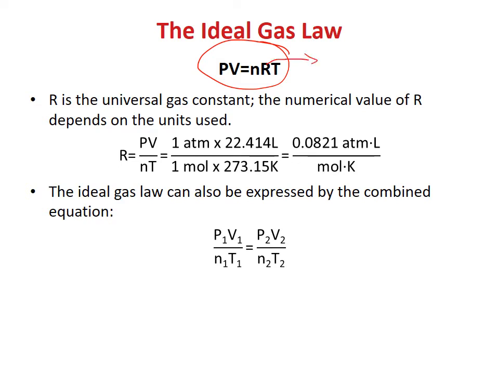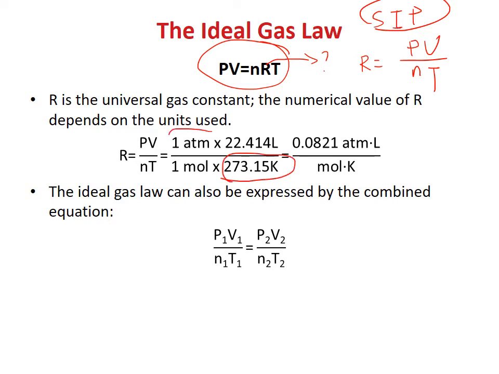R is a constant. To find the value of R, we modify this equation. So R equals the left side, PV, divided by n times temperature. Let's use standard temperature and pressure to calculate R. Standard temperature is 273 Kelvin.